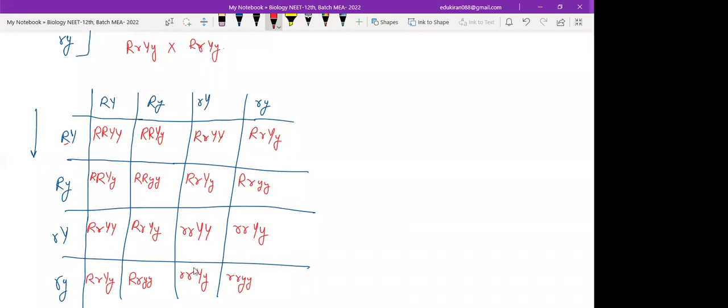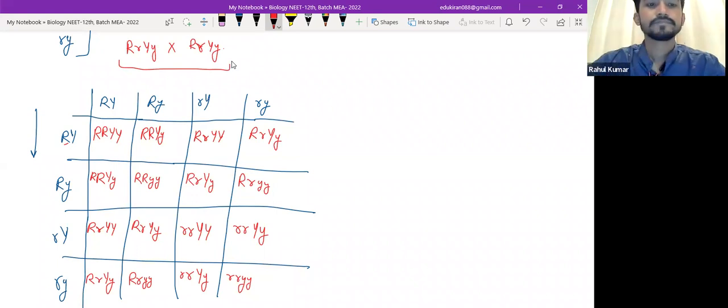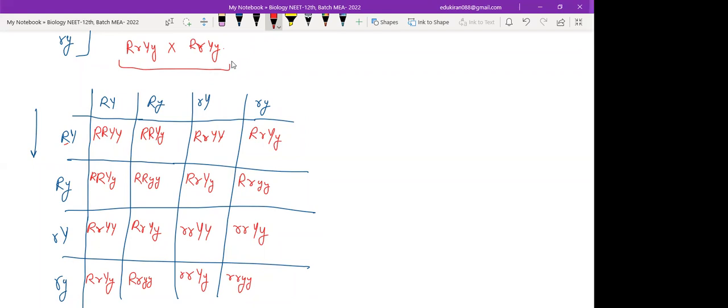How many of these 16 are like the parent? How many genotypes are exactly like the parent? Can anyone count and tell me quickly? Four, right?